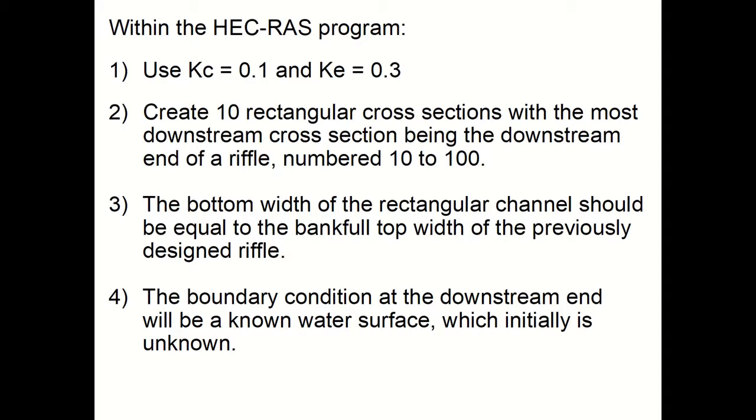The boundary condition at the downstream end will be a known water surface, which is initially unknown. And I know that seems like kind of a conflict, but we're going to have to iterate to determine what the correct water surface is at the downstream end.